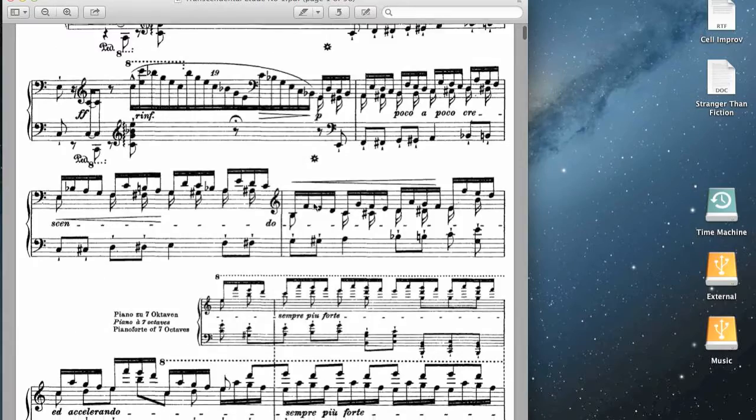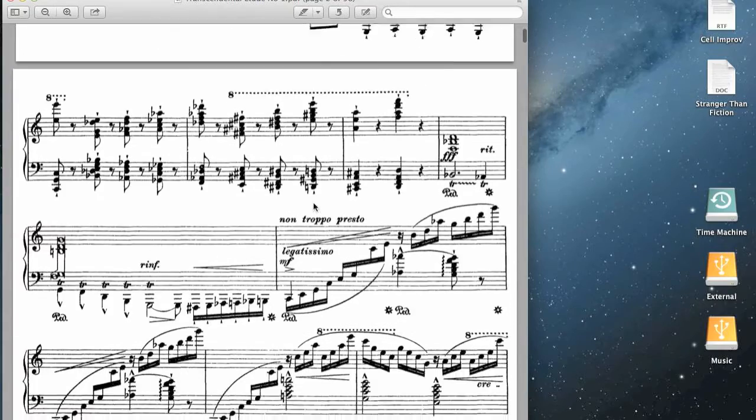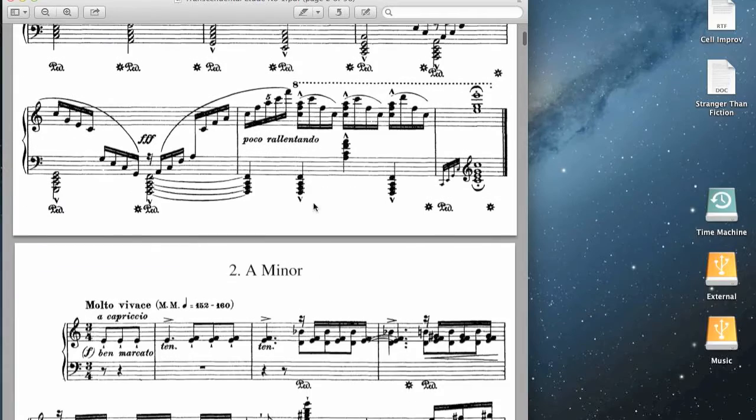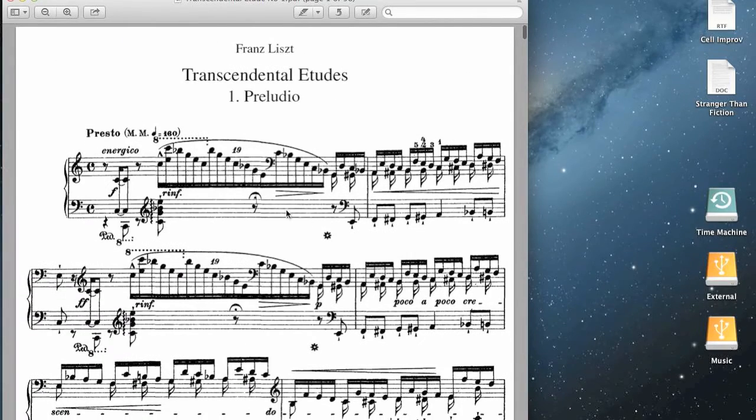Now, if I was going to rearrange this song, there are several things that I need to be aware of. First of all, this lovely 19 here, if you count this out, is probably going to end up being 19 notes squeezed into the space of those 16th notes, so 19 in the space of 16.